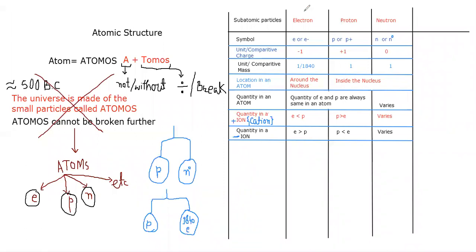This proton number, the quantity of proton, is also called the identity of an atom. I'm using another heading here: Identity of an atom.